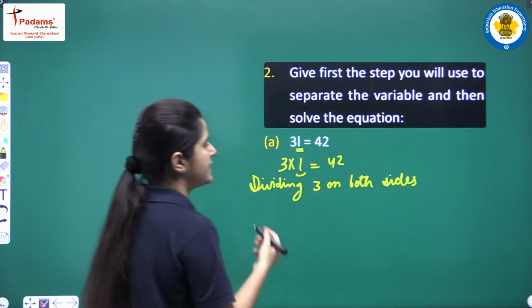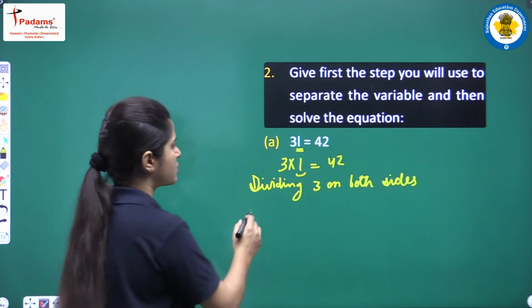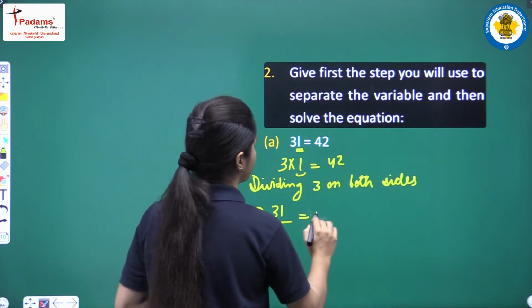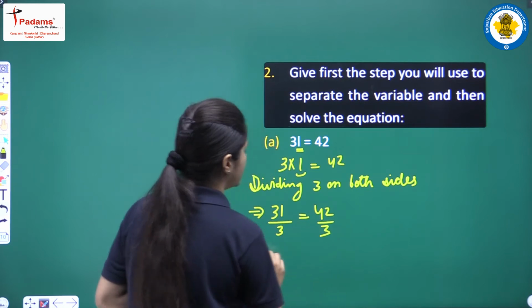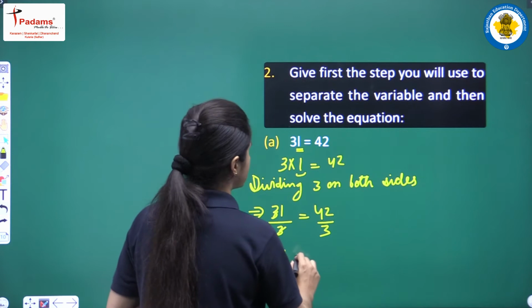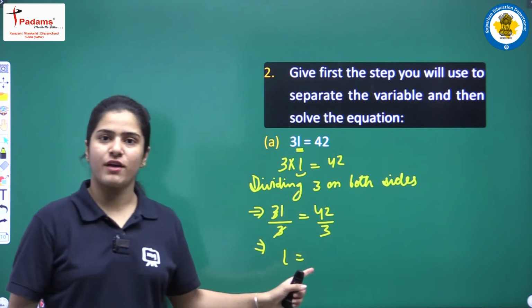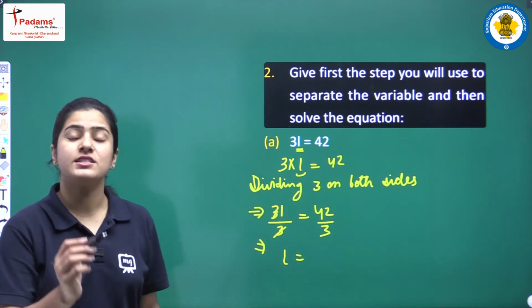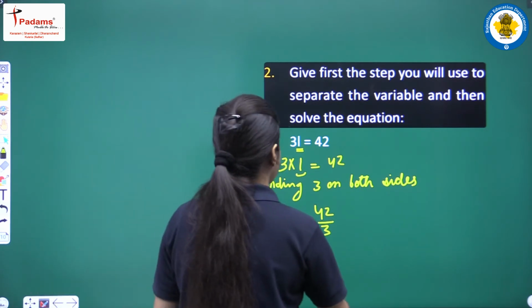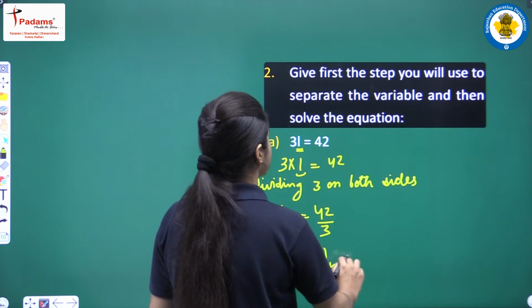Now, 3l upon 3 is equal to 42 divided by 3, and this will be cancelled out by this. Then l is equal to 42 divided by 3, which is 14, as 14 into 3 is equal to 42. So this is your solution.